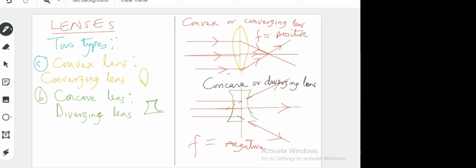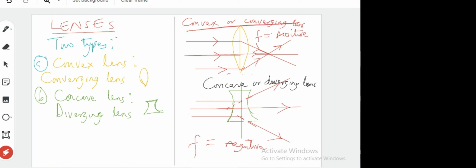I think we've established that foundation. A quick summary: two types of lenses, convex lens or converging lens that bulges out, concave lens or diverging lens that curves in or caves in, right? It caves in on both sides.